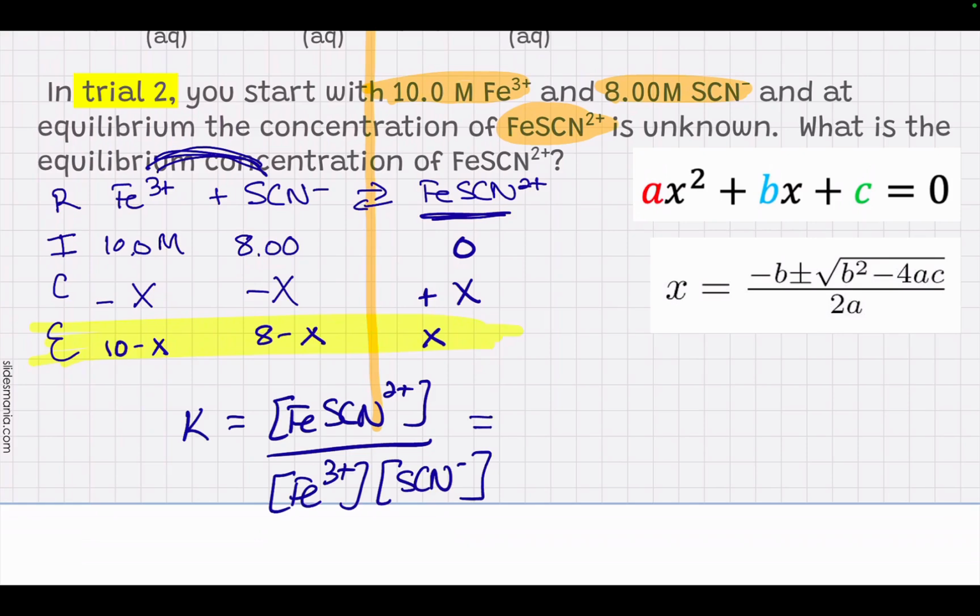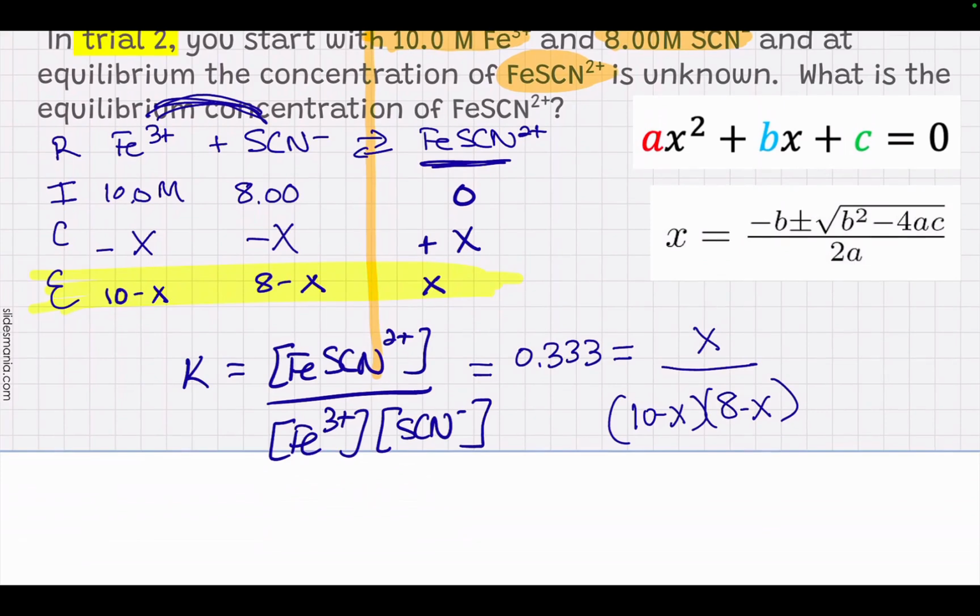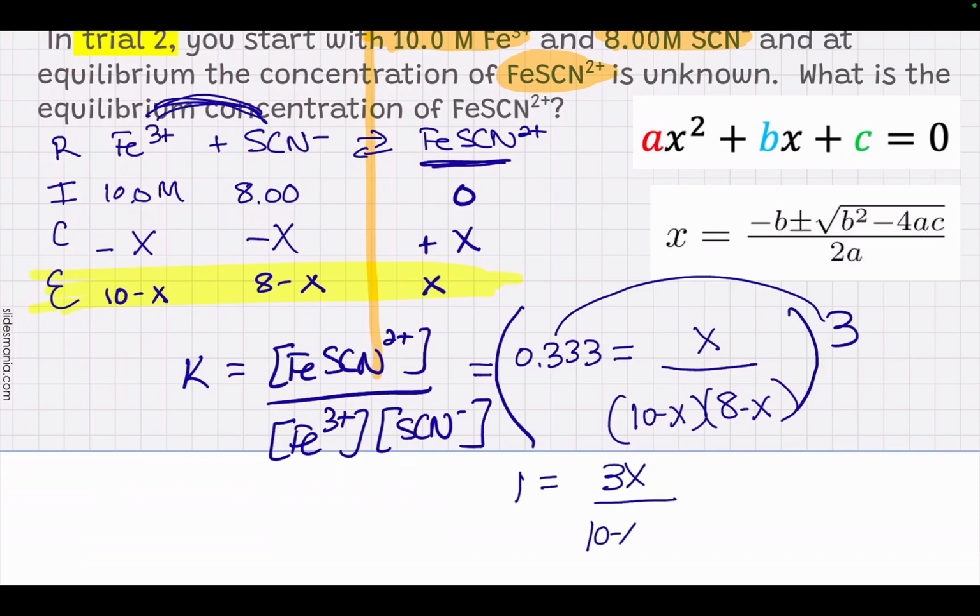Remember, K is 0.333, and now I can plug in X over 10 minus X times 8 minus X. So this is the point where you get to do the math however you'd like. I'm recommending that you multiply the whole thing by 3, because that will give you 1 equals 3x over 10 minus x, 8 minus x.